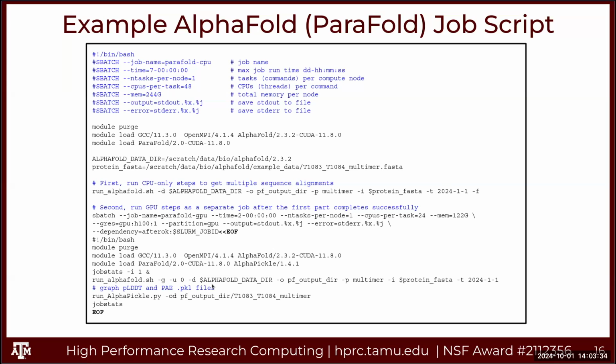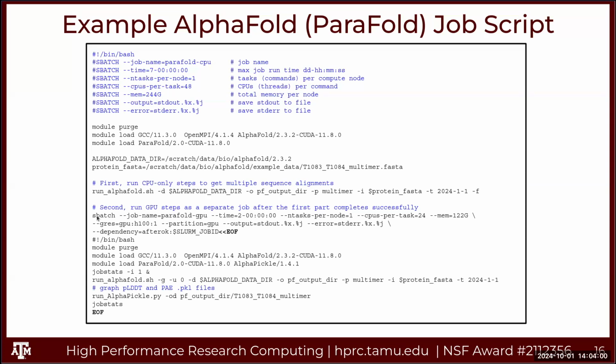And we have some other applications added here, the job script, job stats command, which will build a graph for you so you can see the resource usage for the CPUs and the GPUs. We also have this AlphaPickle application that will create quality confidence scores, graphs of confidence scores.